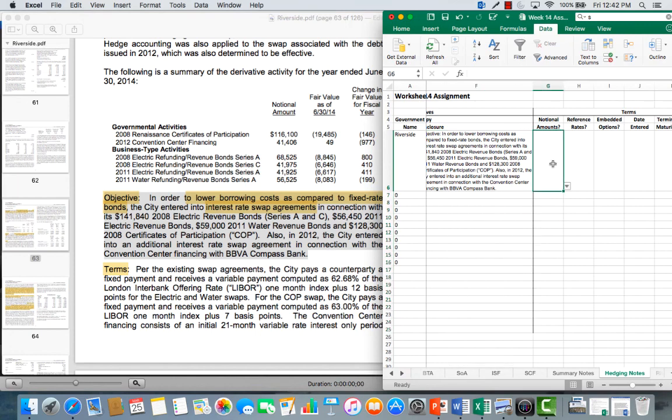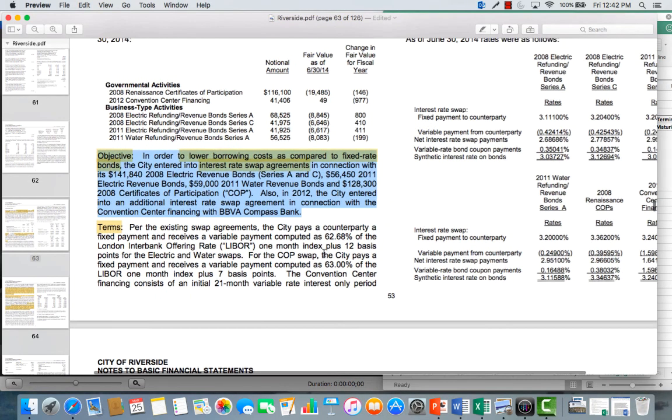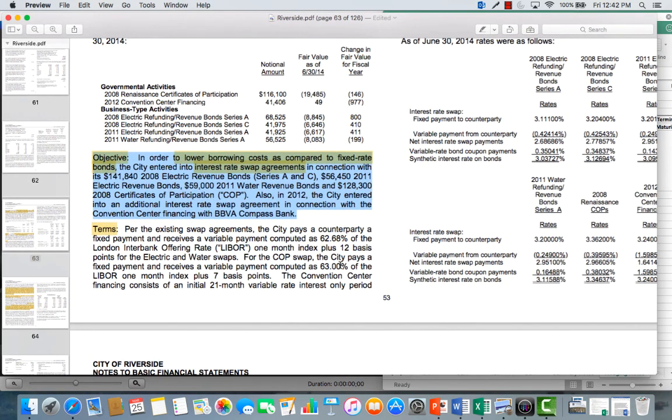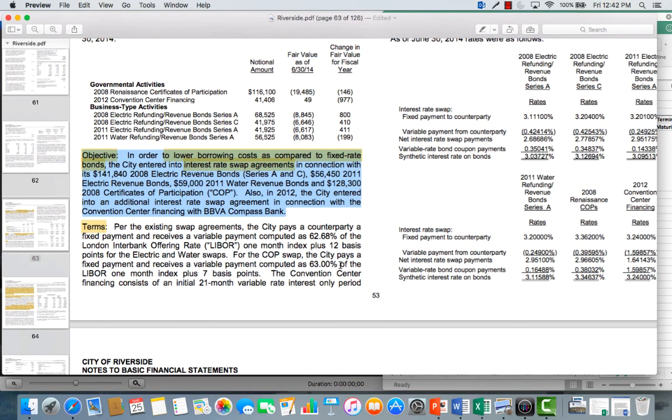The next set of disclosures relate to terms, and you can see they actually have a paragraph here where they identify terms. They ask about the disclosure of notional amounts, which you actually see up here. So that's taken care of. Reference rates. And in fact, if you read through this disclosure of the terms, they do talk about the rates that the deals are based upon.